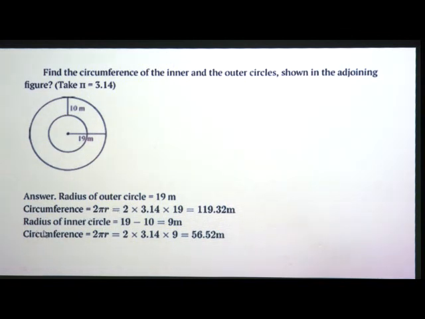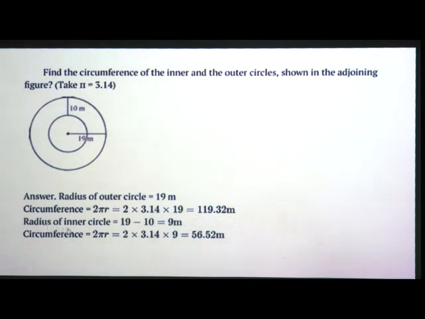Now, the radius of the inner circle. This is the inner circle. So, we have to see what the radius will be. The distance between the two circles is given to us as 10 meter. When we subtract 19 minus 10, we will get the inner circle radius.